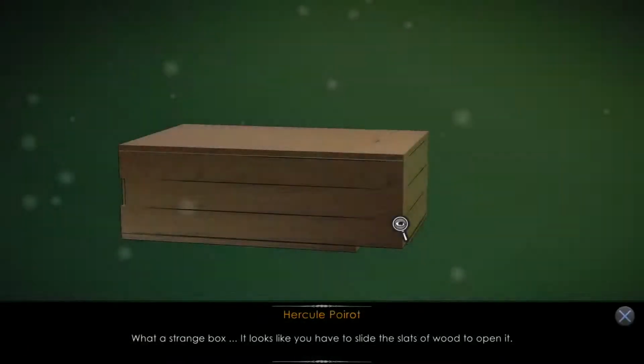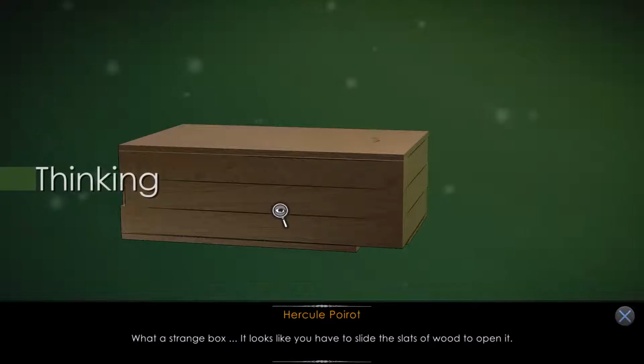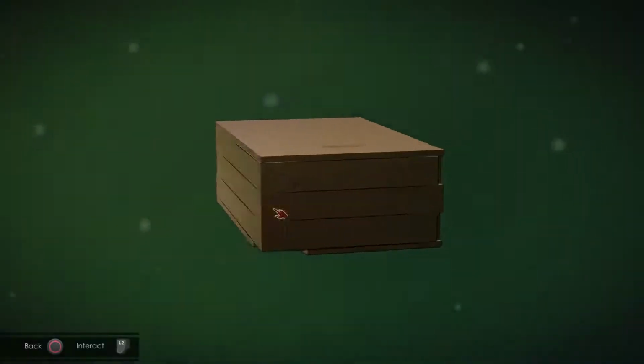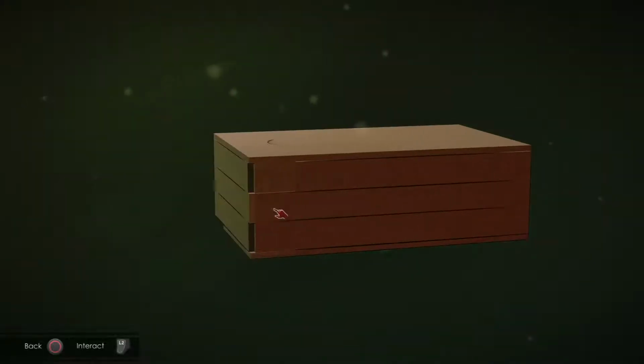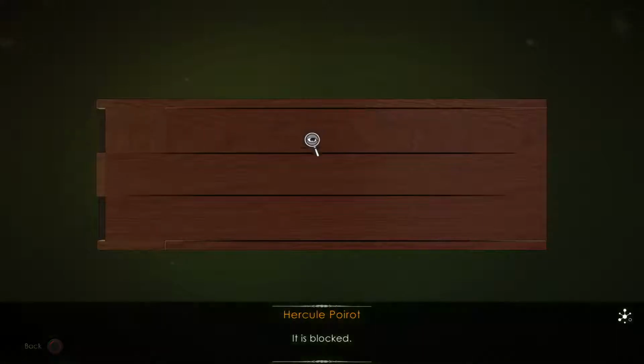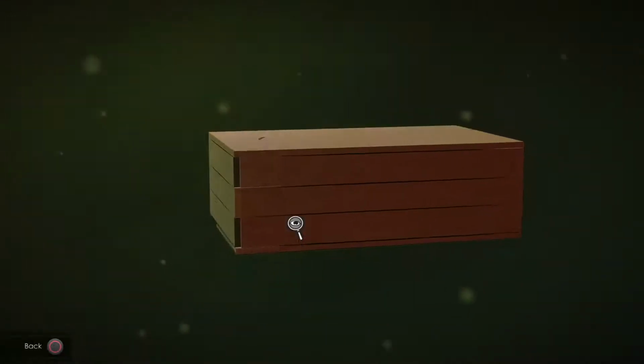What a strange box. It looks like you have to slide the slats of wood to open it. It is blocked. It is blocked. Alright.